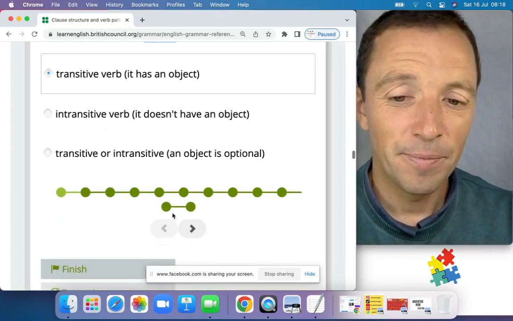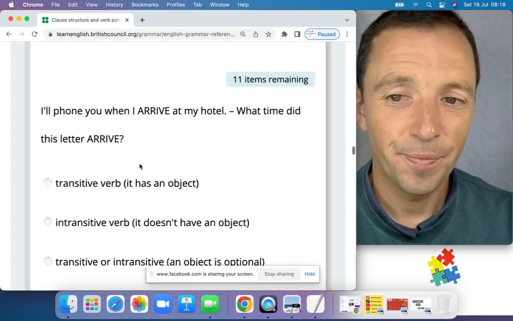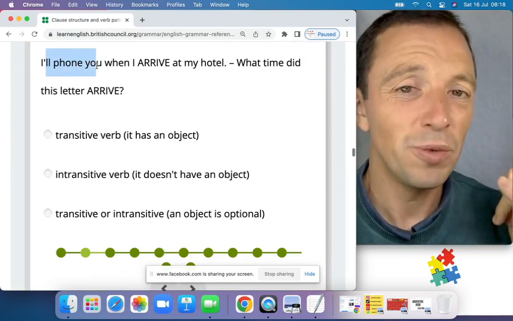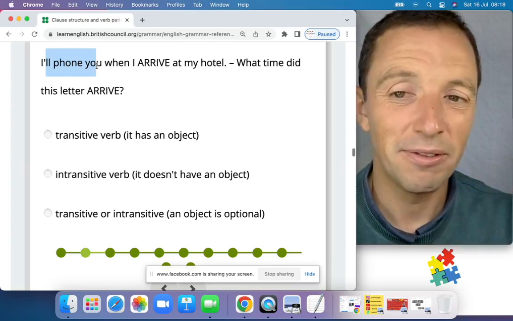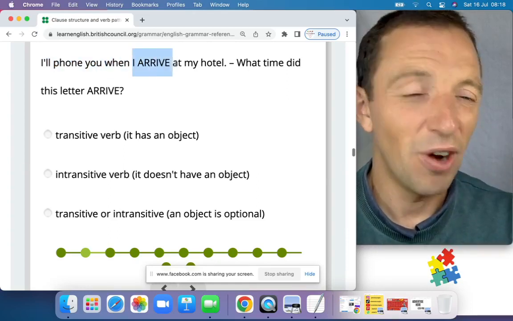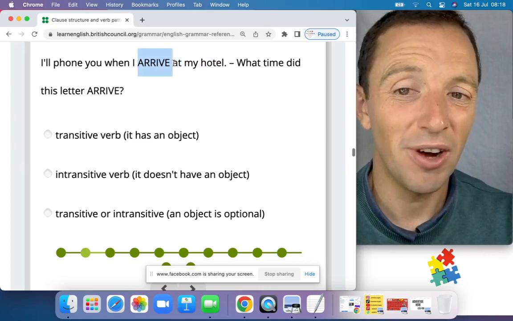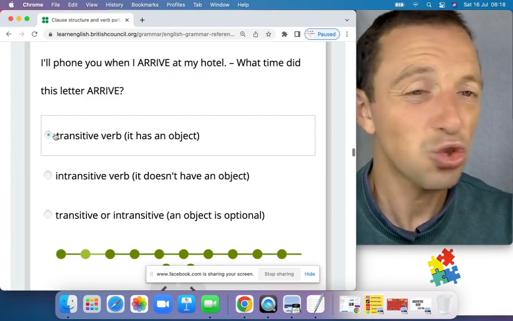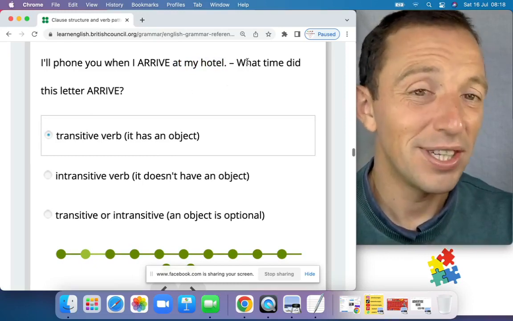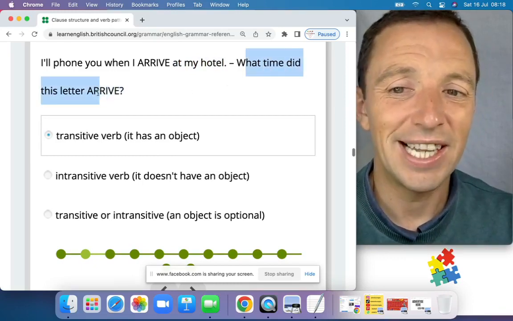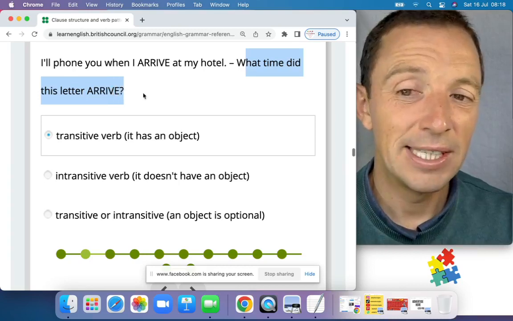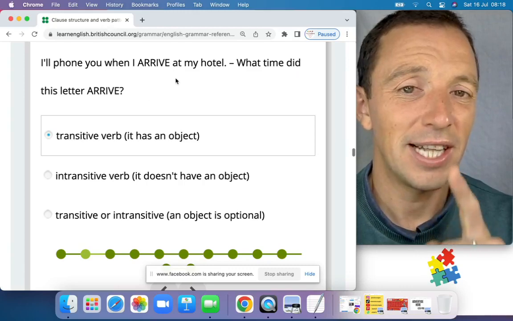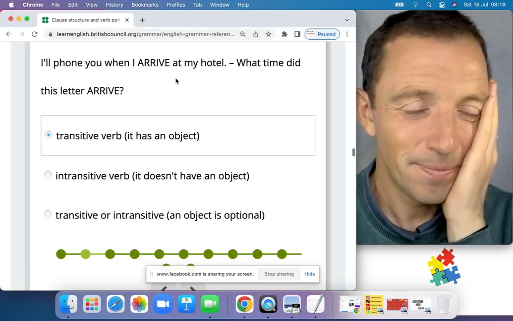Next, option 2. I will phone you, the future, modal, but I will phone you when I arrive at my hotel. The verb is to arrive, the subject is I, and the object is my hotel. So that clearly is transitive in the first example. But the second example, what time did this letter arrive? It's a question. The affirmative is the time this letter arrived was 6 o'clock.